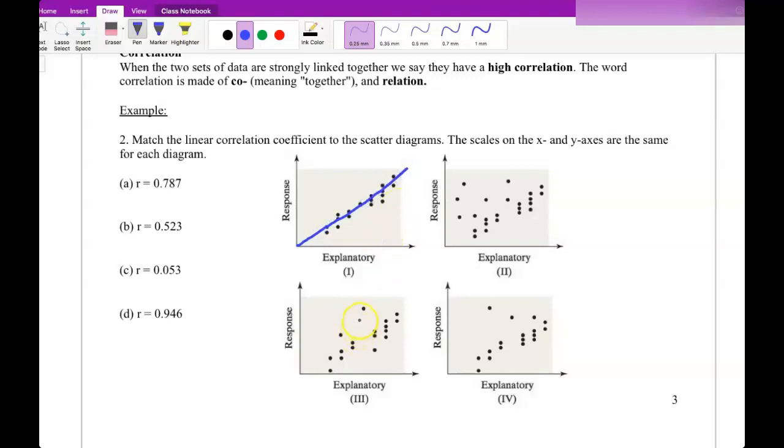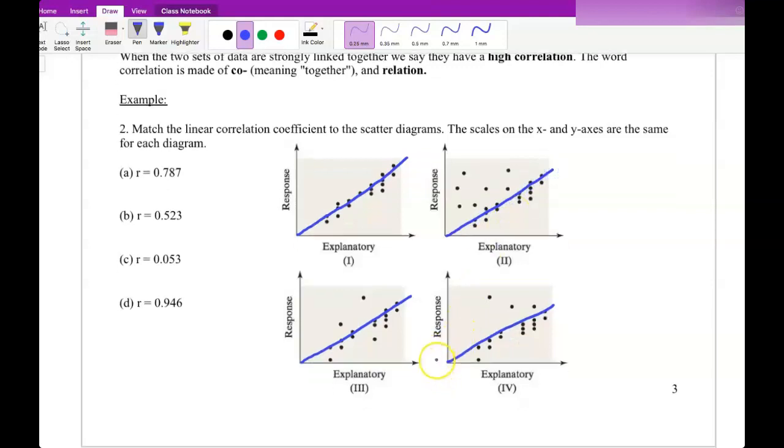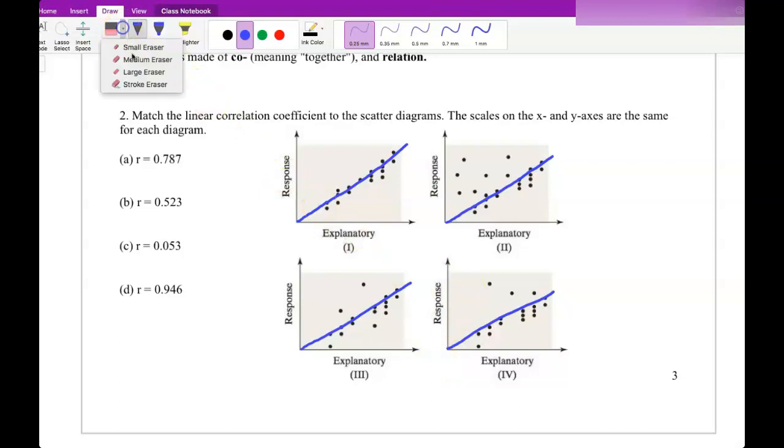And here also, let's try it. For this part also I can draw a straight line. And same thing here. This is a straight line.